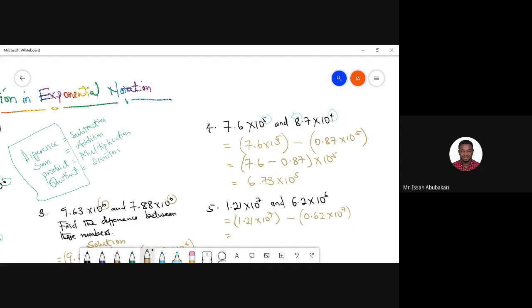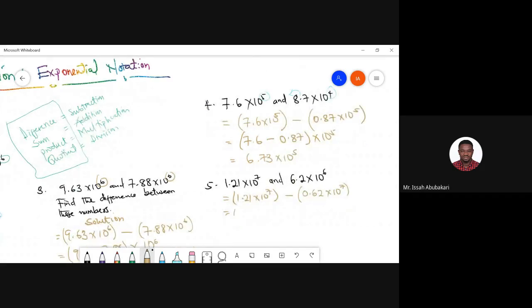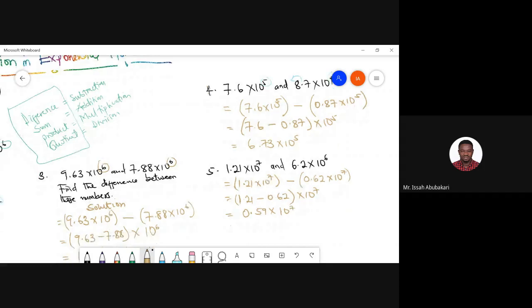Now, since the powers are the same, we can then finalize it as 1.21 minus 0.62 times 10 power 7. And this should give us 0.59 times 10 power 7.